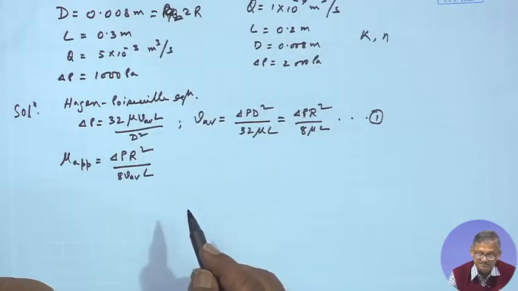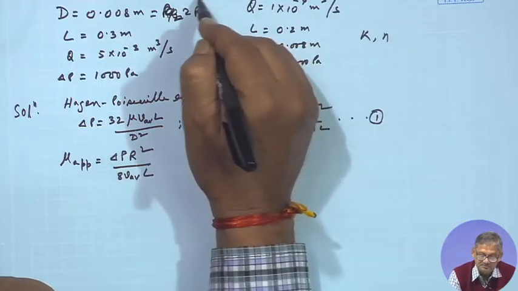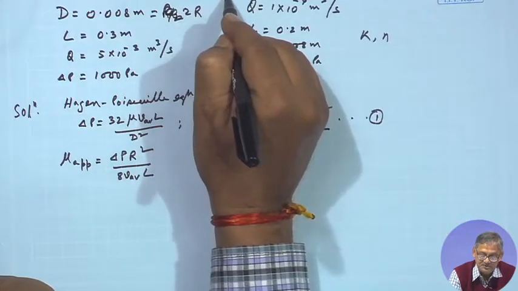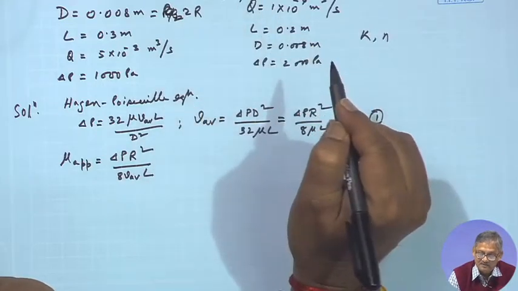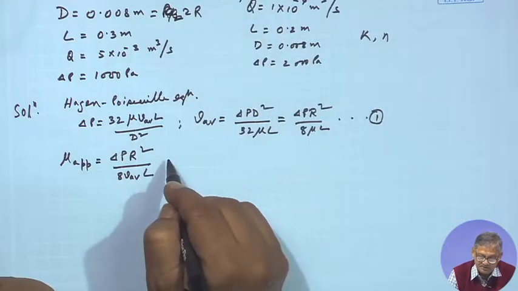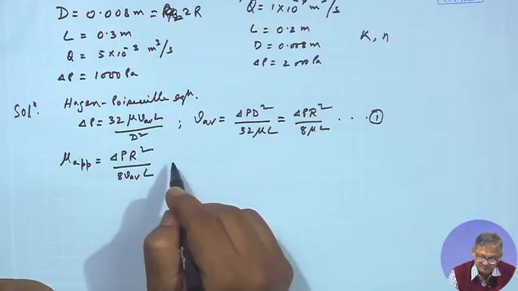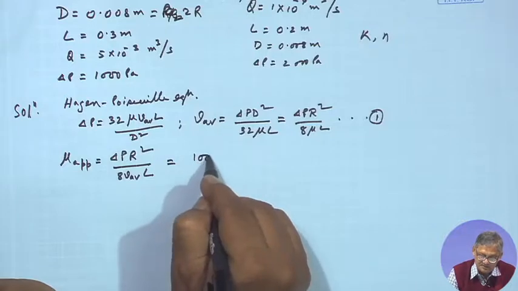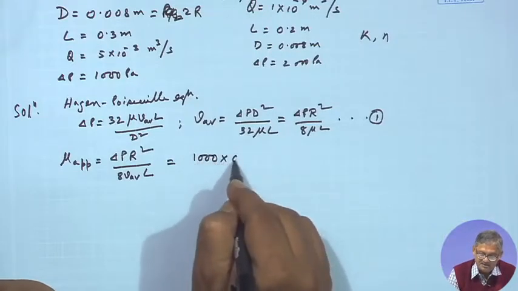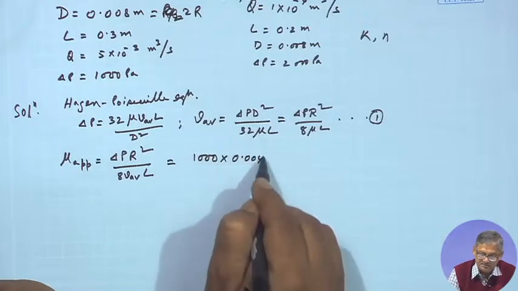So R is equal to 0.004. If we write that value, the delta P given is 1000, R is 0.004 square, by 8.